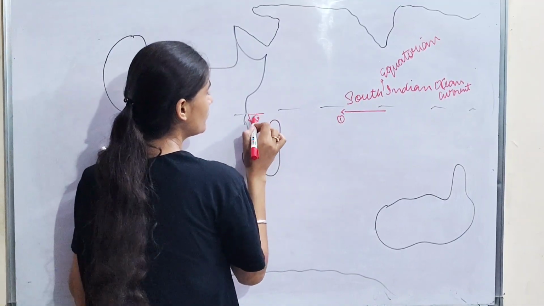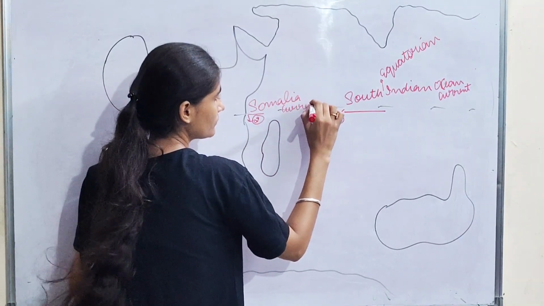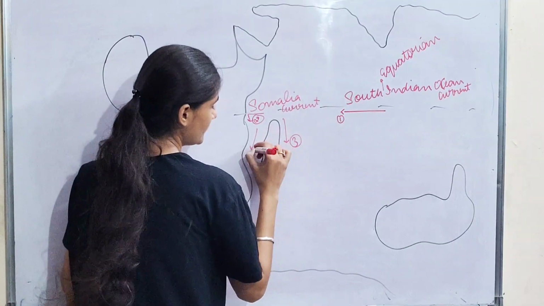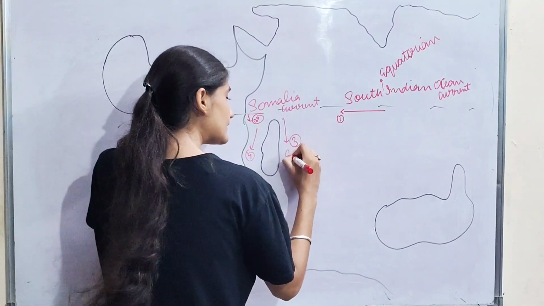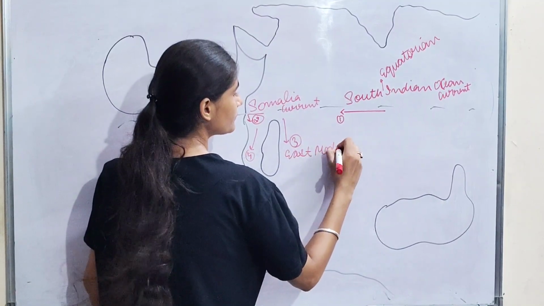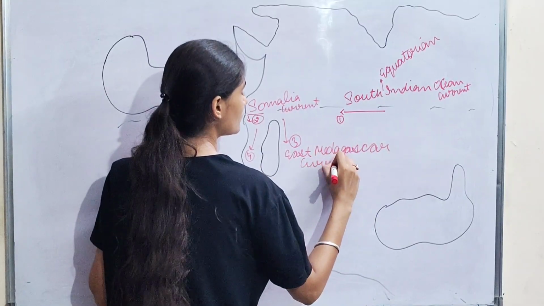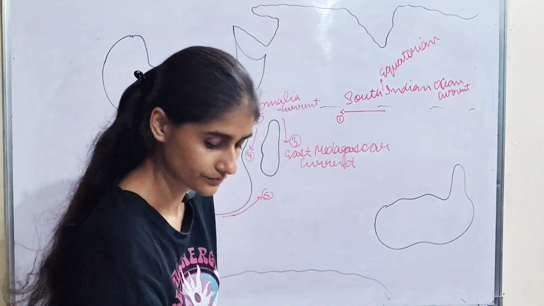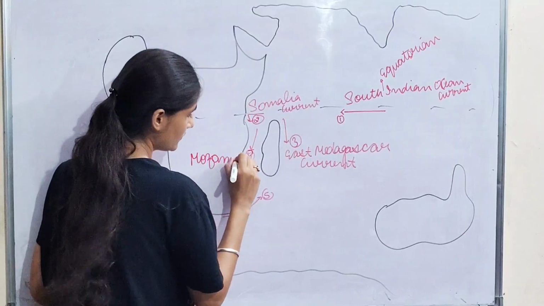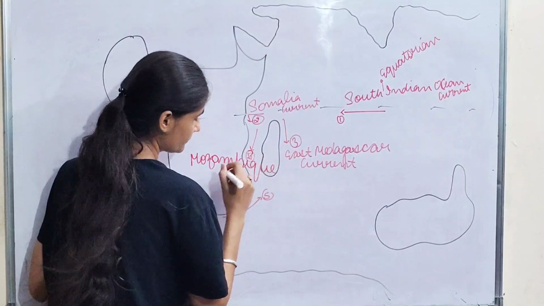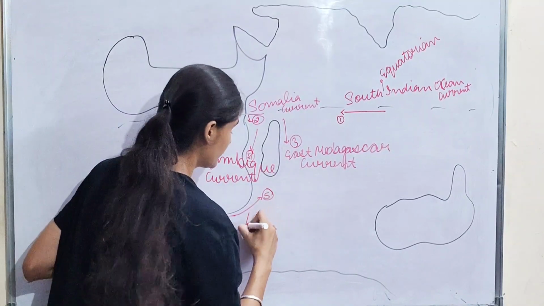Second, we have Somalia Current. Third, fourth, and fifth. This is East Madagascar Current. And this is Mozambique Current. The fifth is Agulhas Current.